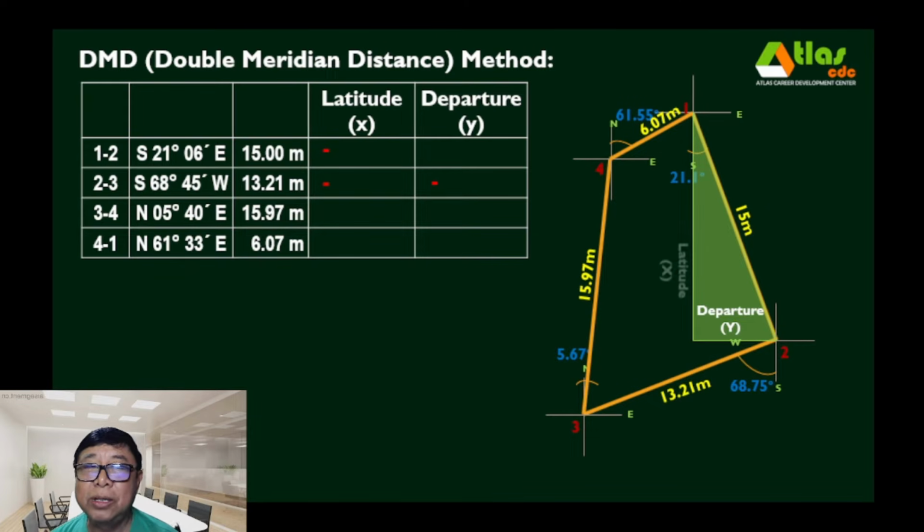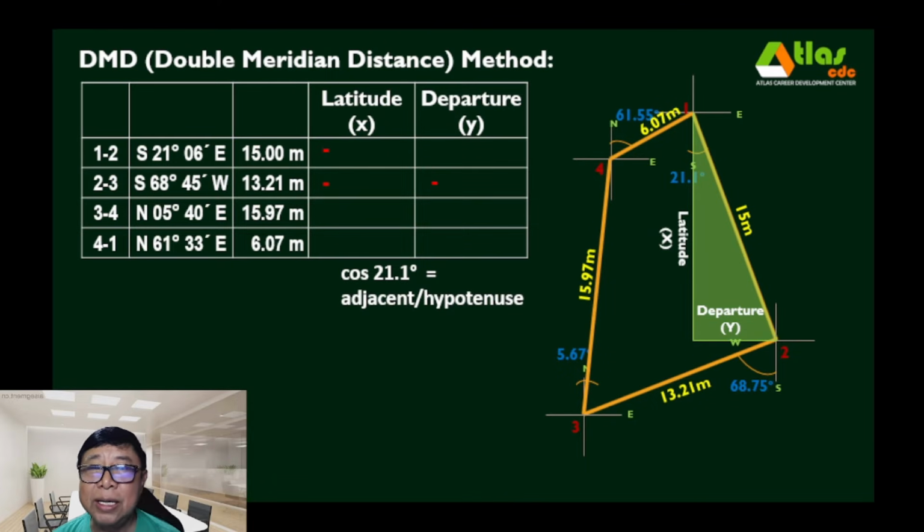So first, we determine the latitude X, or the X distance, the adjacent distance from that angle of 21.1 degrees, meaning our cosine is your adjacent over the hypotenuse. So cosine of 21.1 degrees will be your adjacent, which is your latitude, or X, divided by 15 meters.